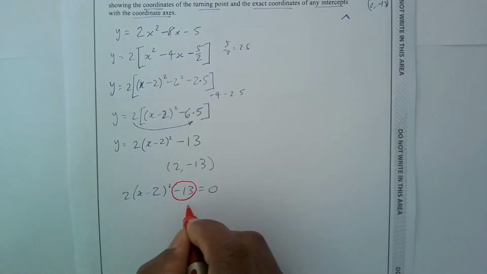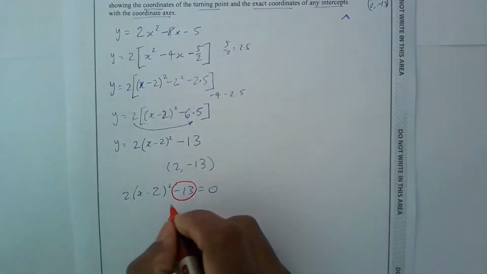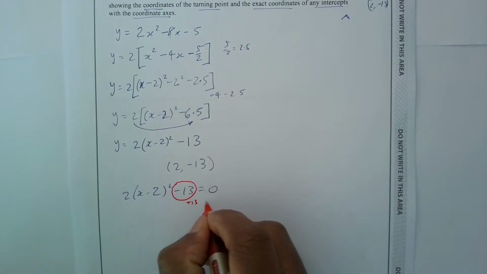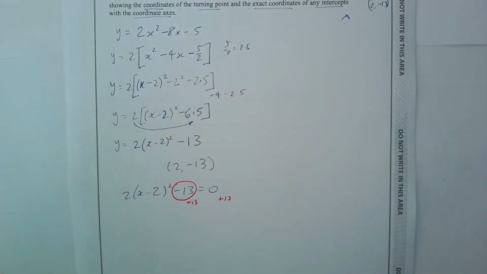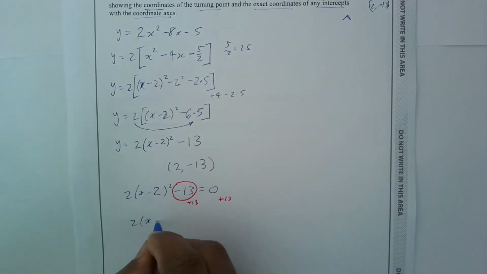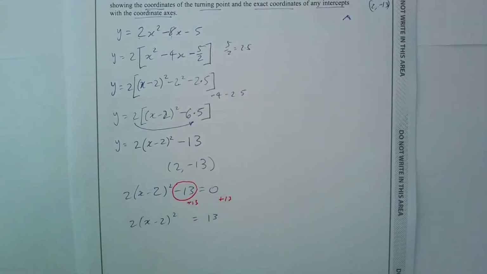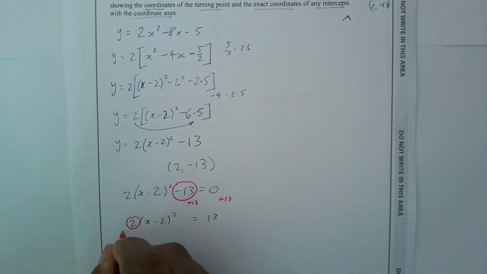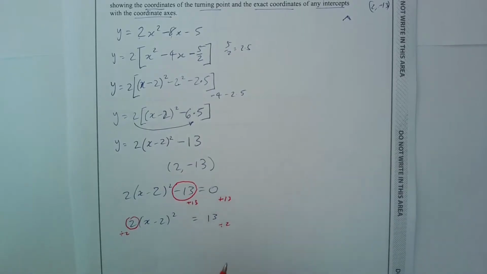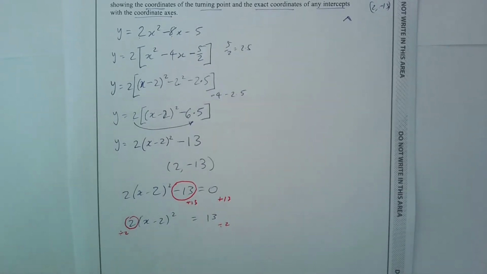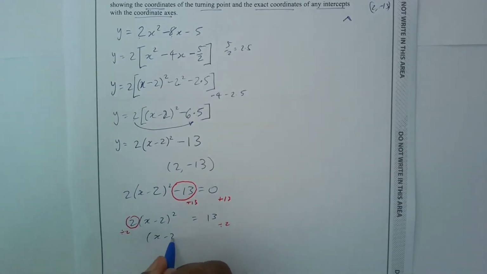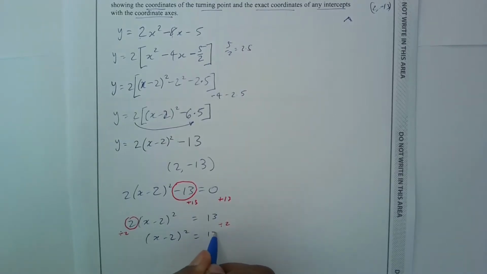I used the wrong color here. Anyway, let me just carry on. So plus 13 on both sides. So I've got 2 times x minus 2 all squared equals 13. And then I can divide by 2 both sides. So I've got x minus 2 all squared equals 13 over 2, which is 6.5.